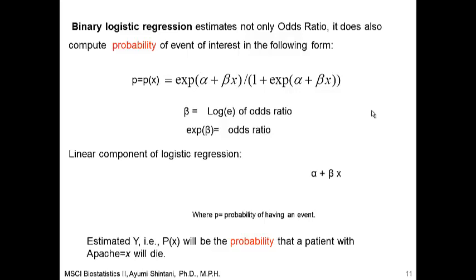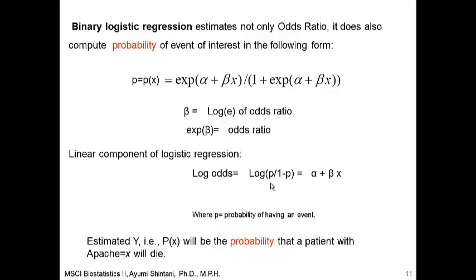In fact, the linear component of logistic regression, which is intercept plus slope times x, is the log of probability over 1 minus probability of the event, which is the odds. The linear component of logistic regression is the log of odds.